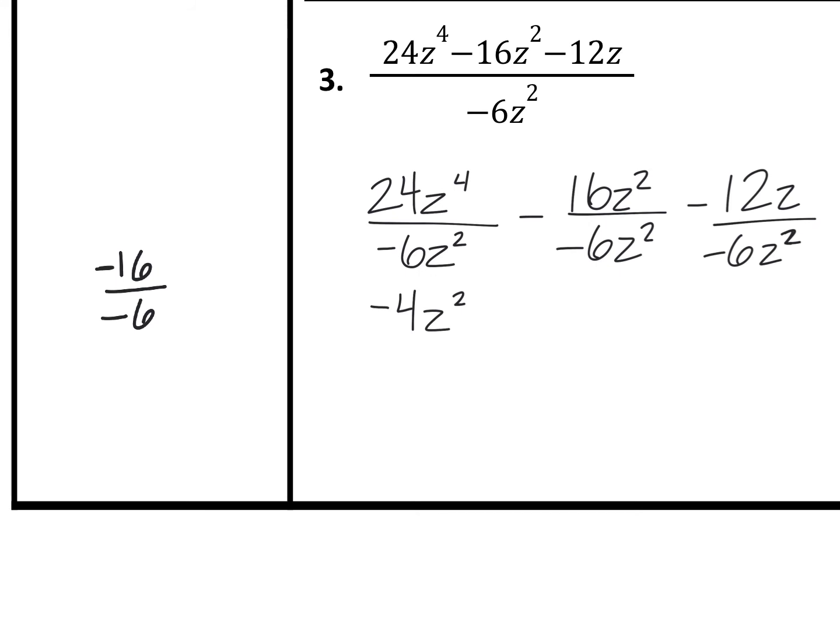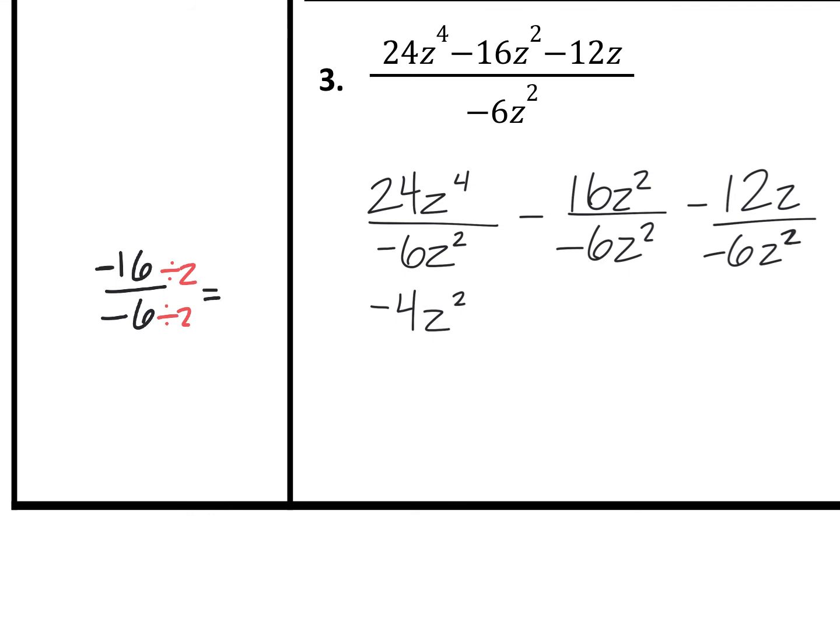First up, what is a negative divided by a negative? Positive. Yes, good. So our answer should be positive. But this fraction can get smaller because what can both 16 and 6 divide by? 2. So I need to divide both the top and the bottom by 2.